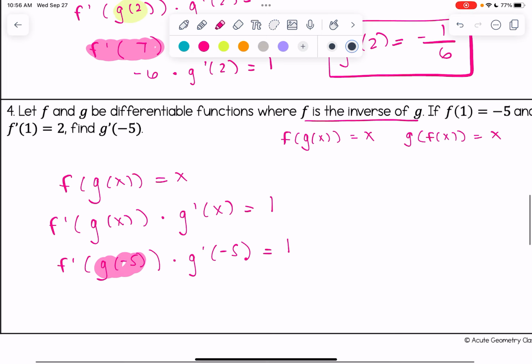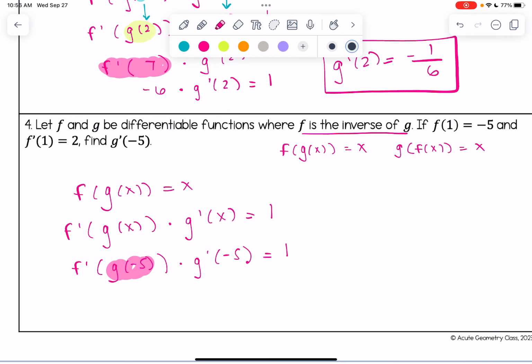And if I look at the facts that the problem gave me, I don't know what that is, right? I don't see anything here that says g of -5 equals. However, we do have this fact that f of 1 is equal to -5. Remember we talked about before that when you have inverse functions, the x's and y's are switched. That means g of -5 must be equal to 1.